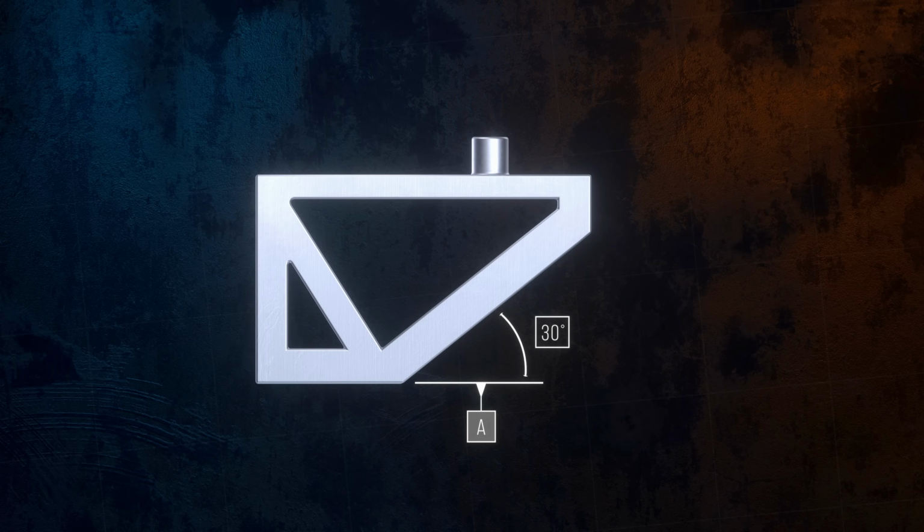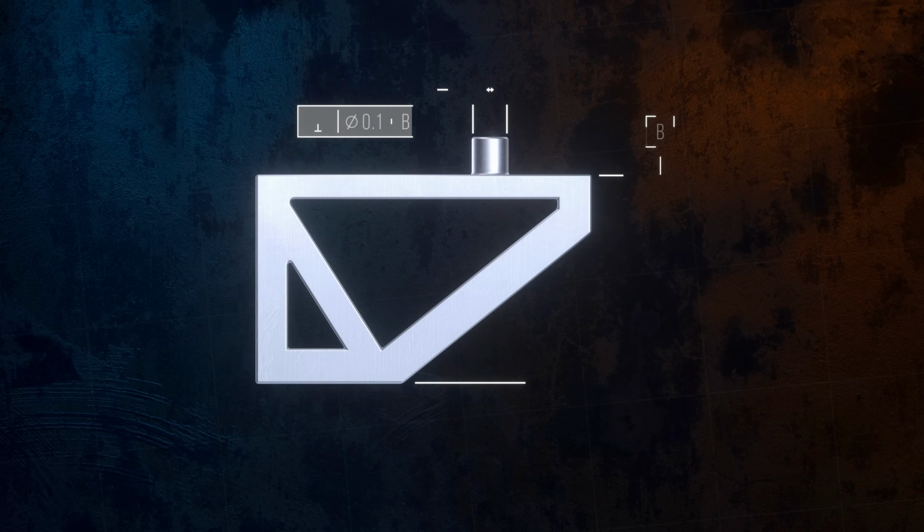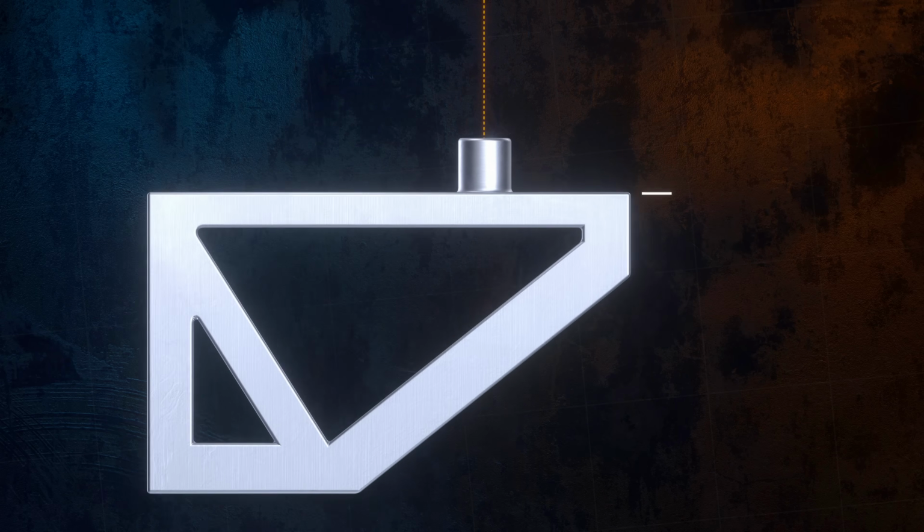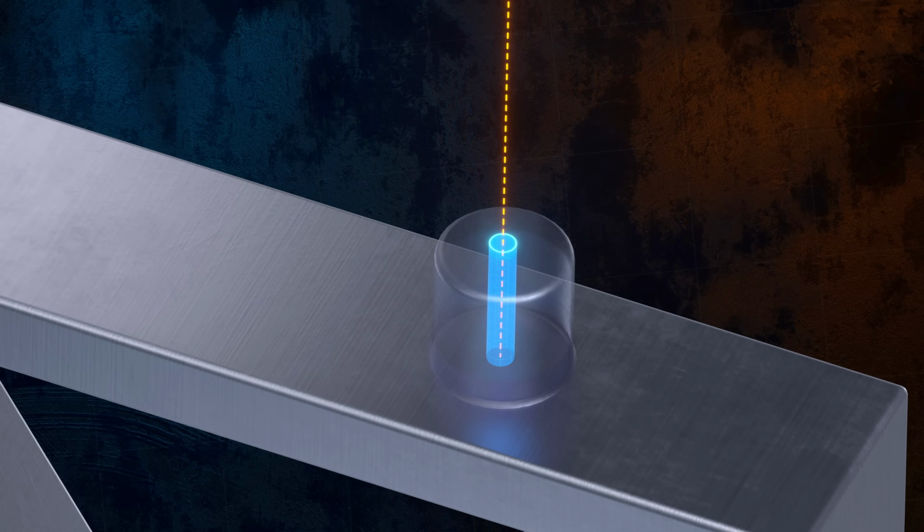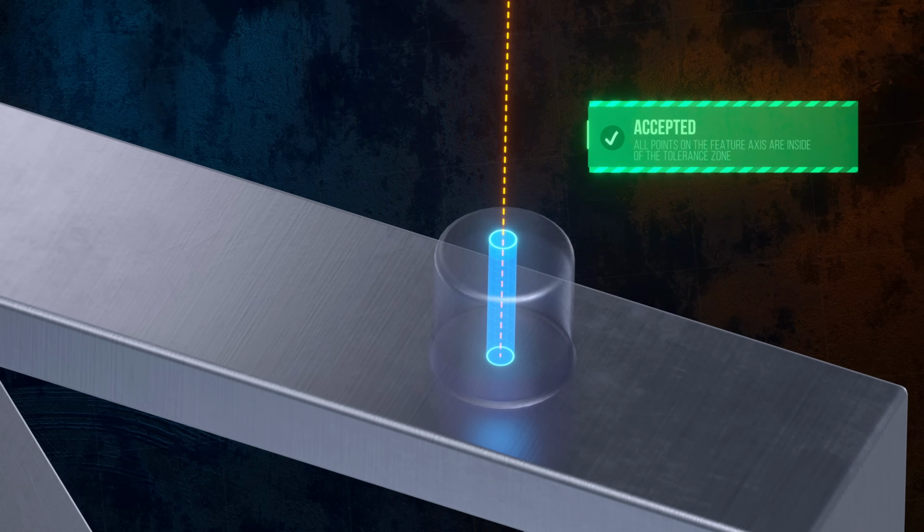When applied to features of size, the orientation tolerances apply to the center plane or axis of the feature. The diameter symbol is used in this feature control frame to specify that the tolerance zone for the axis of the feature is cylindrical. To meet the tolerance, the axis must be contained within the tolerance zone.